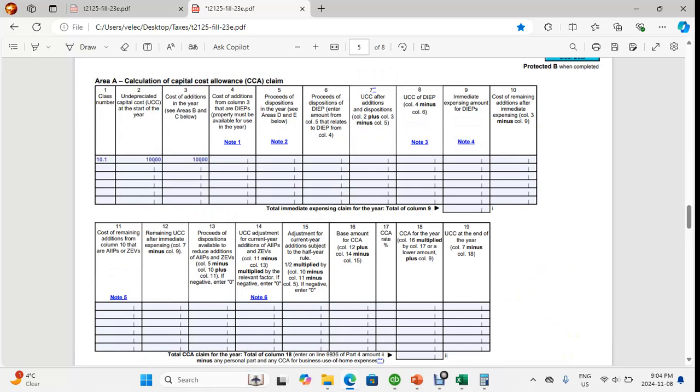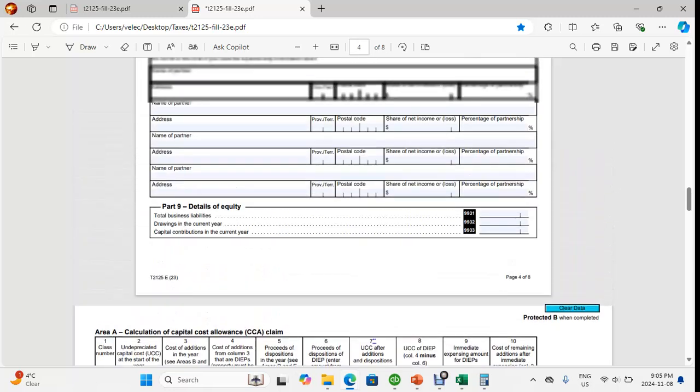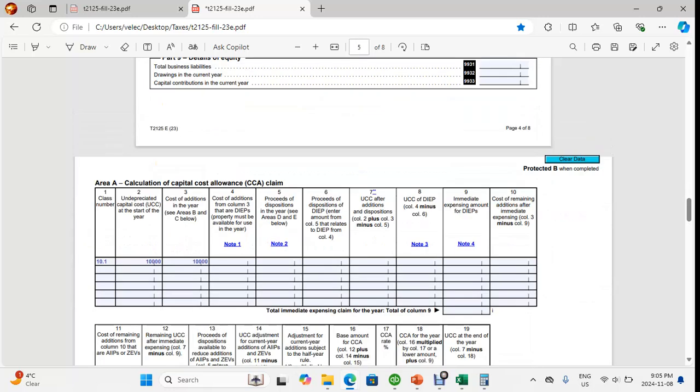All right, and next you have your proceeds. So cost of addition, and then proceeds of disposition.